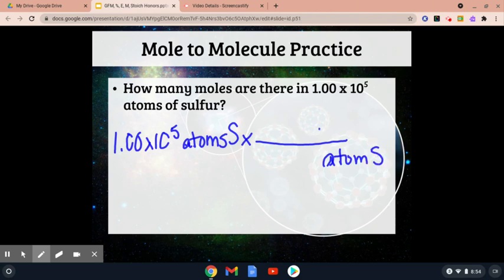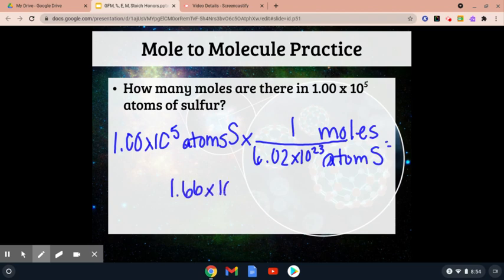And you're going to want moles on the top. 1 mole is 6.02 times 10 to the 23rd. You get 1.66 times 10 to the minus 19th moles of sulfur.